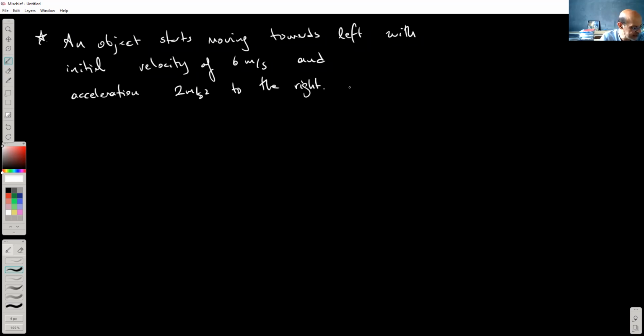Right, the expression is kind of important, so that's why I'm spending time in this. So what's the displacement when the object is at the farthest point on the left, right?